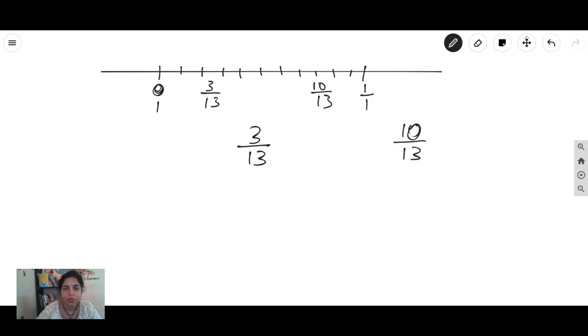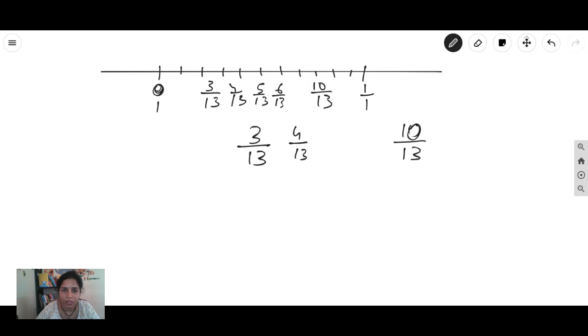Now, the question is to find rational numbers between them. We can clearly see that if you just have to find 2 or 3 rational numbers, it's easy. After 3 over 13, what is the next one? 4 over 13. Next, 5 over 13. Next, 6 over 13. Correct? It will be very easy for you to find like that, because there are 4, 5, 6, 7, 8, 9 all between the 3 and the 10.